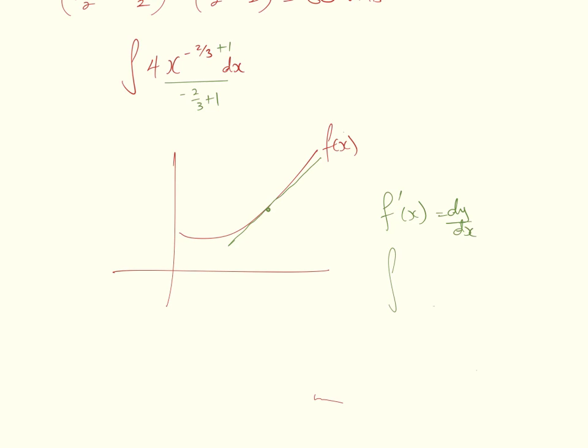When you're integrating f of x, you're actually finding the area under the graph depending on where it is. So if you have limits, great. If you don't, then you're just basically shooting in the dark, but you're finding a general form of it.